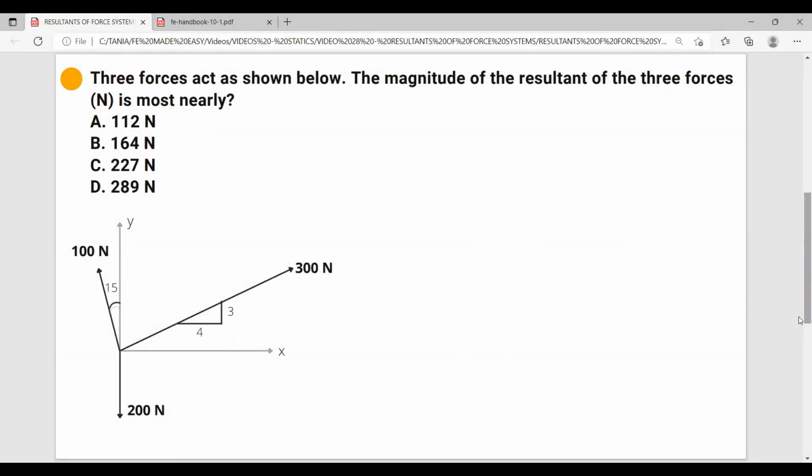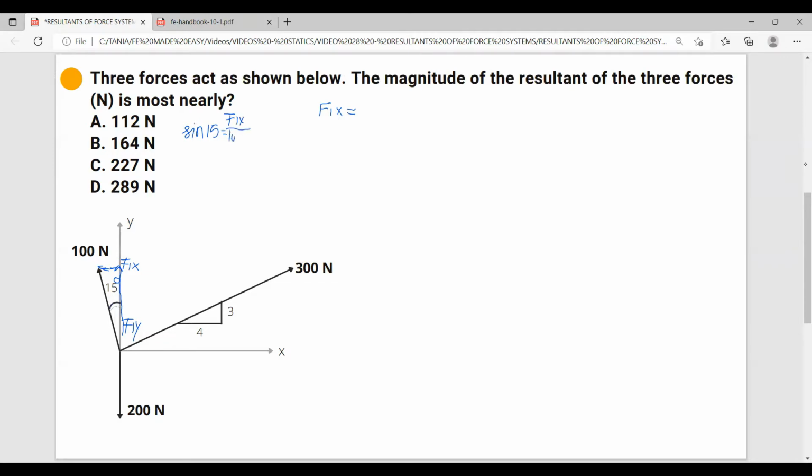Three forces act as shown below. The magnitude of the resultant of the three forces is most nearly. We have a 15-degree angle. So F1x is opposite to the angle of 15. You do sine of 15 equals the opposite cathetus, which is F1x, over hypotenuse.